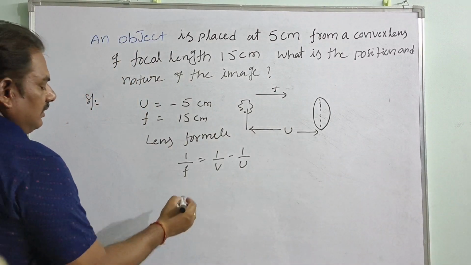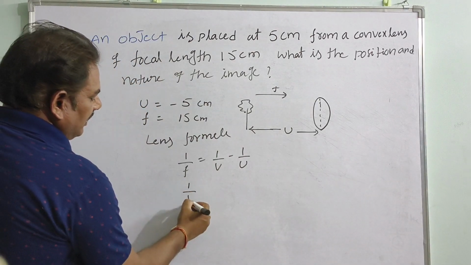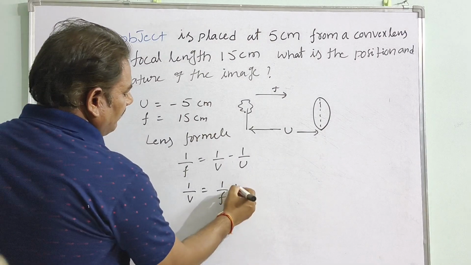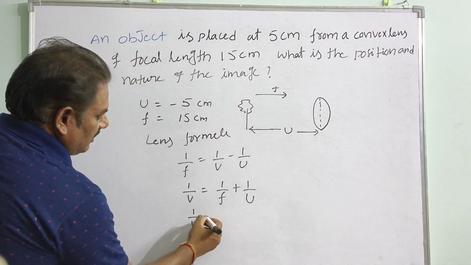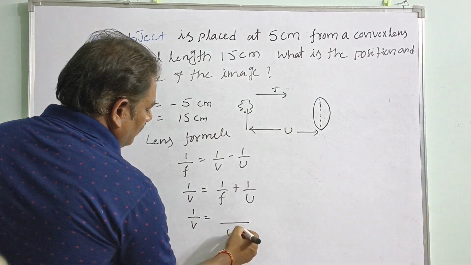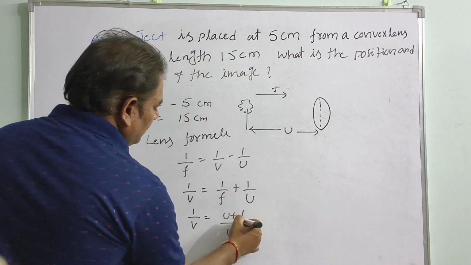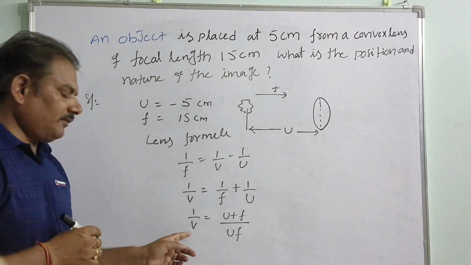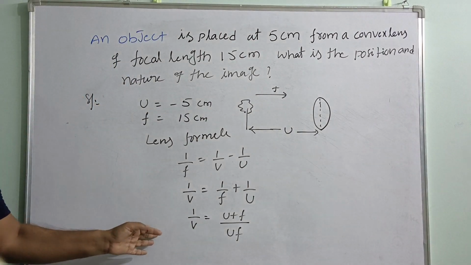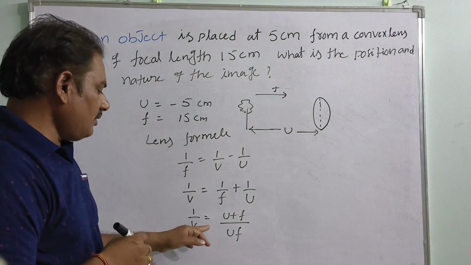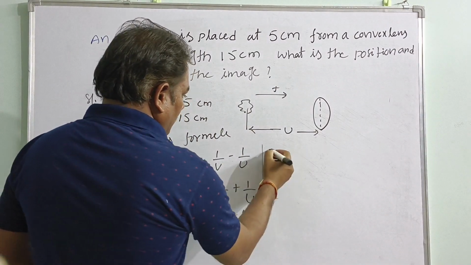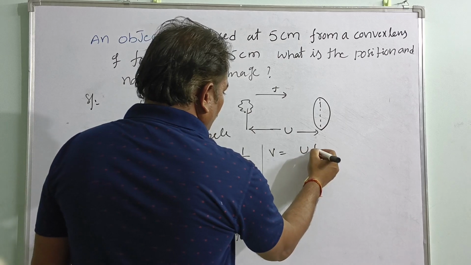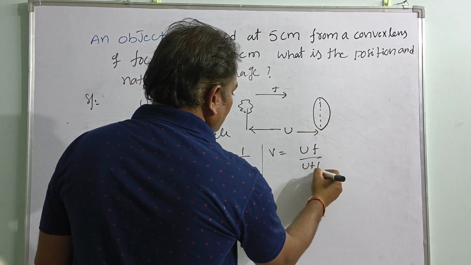By using this, 1/v is equal to 1/f plus 1/u. So 1/v is equal to (u plus f) by uf. So from this, v is equal to uf by (u plus f).